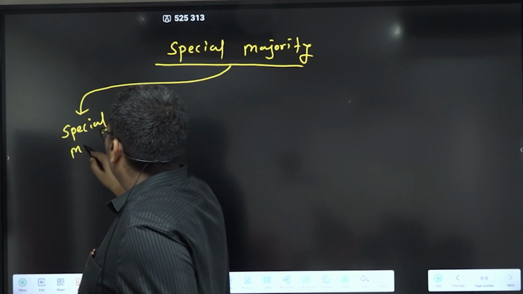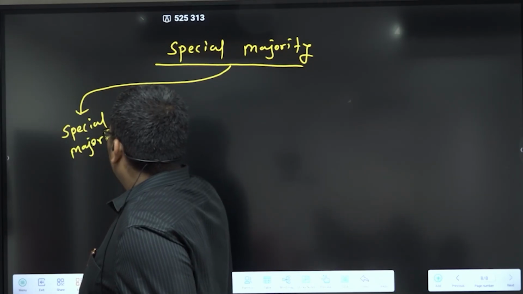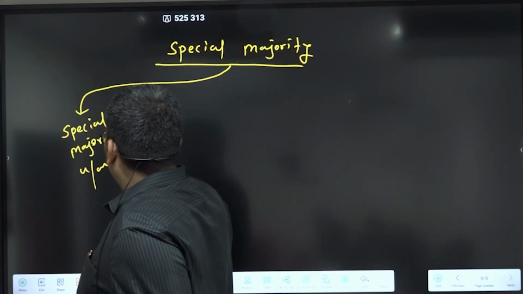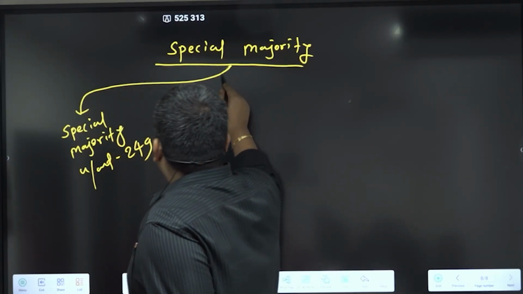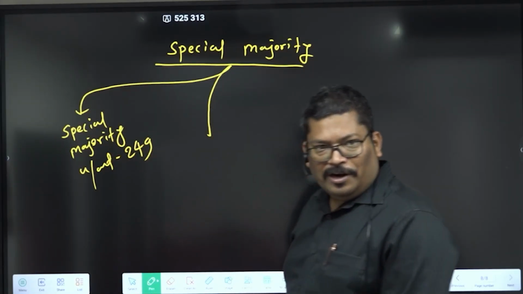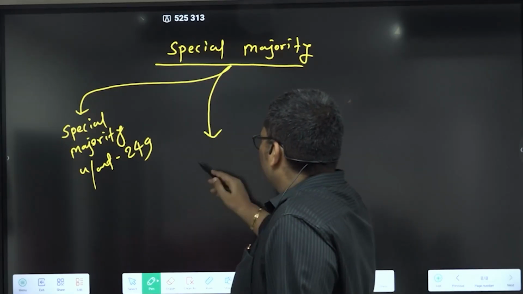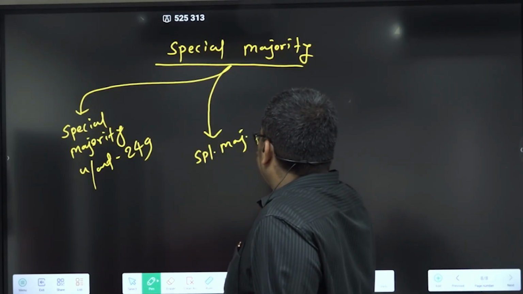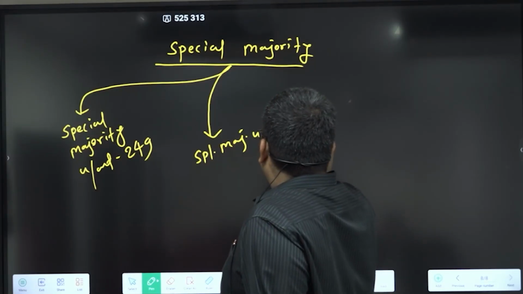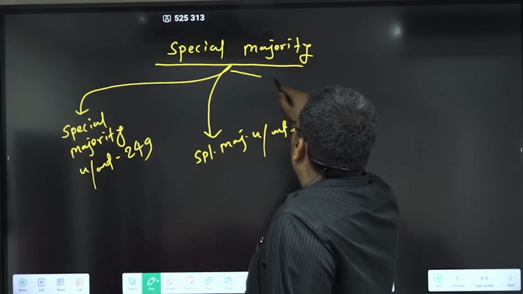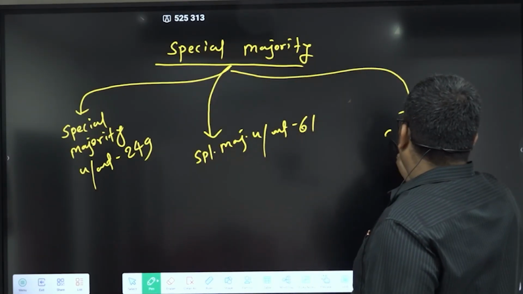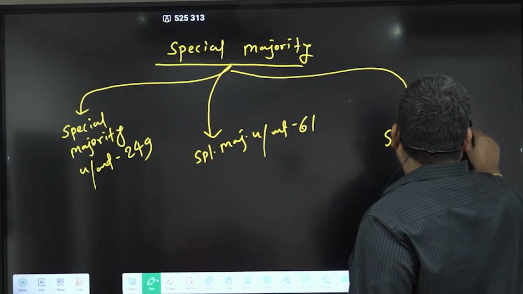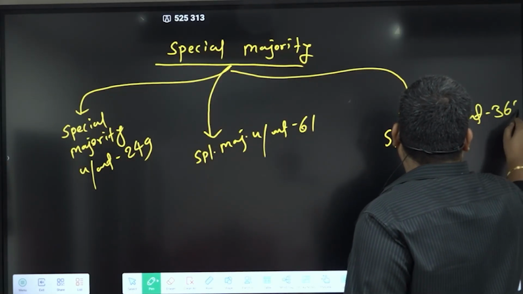Special majority under Article 249. Then special majority under Article 61. And the third one is special majority under Article 368.